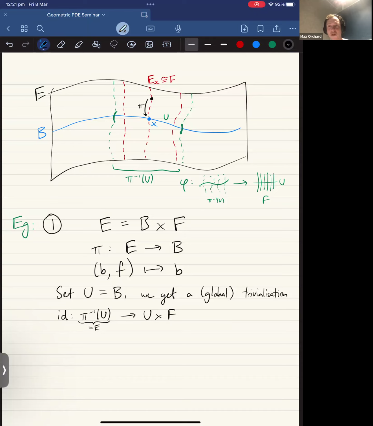It's a homeomorphism, obviously. And yeah, we look globally like a product space. So a fiber bundle that's just the product of two spaces is what we call a trivial bundle.